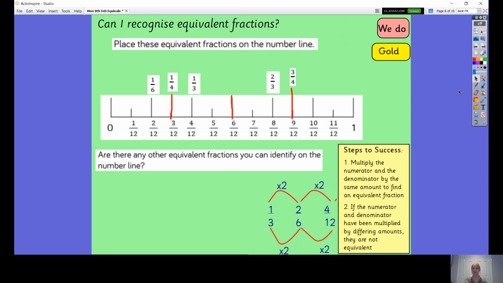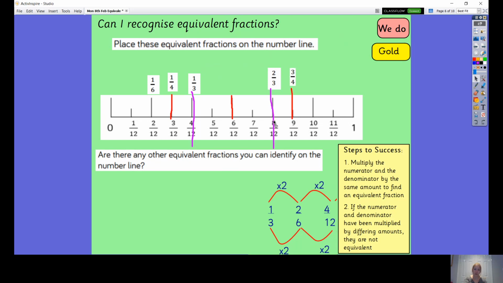If I was to break this number line up into thirds, into equal pieces of 3, I would get my pen and put a line there and a line there, and that would chop it into 3 equal pieces. So that's 1/3 there, and then I've put my 2/3 on that line there.